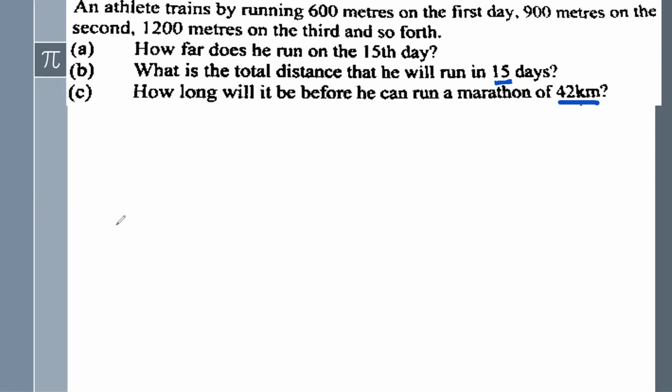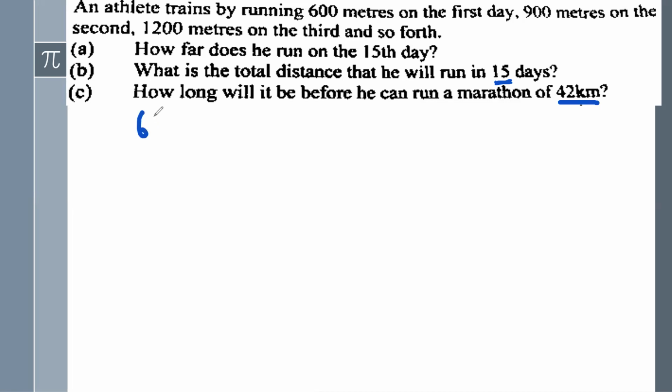A lovely word problem, which basically tests our cognitive understanding of the topic sequences and series. So in this case, we will have to set up a sequence and see whether it's going to be arithmetic or geometric, and then we try and find the answers to these questions at hand.